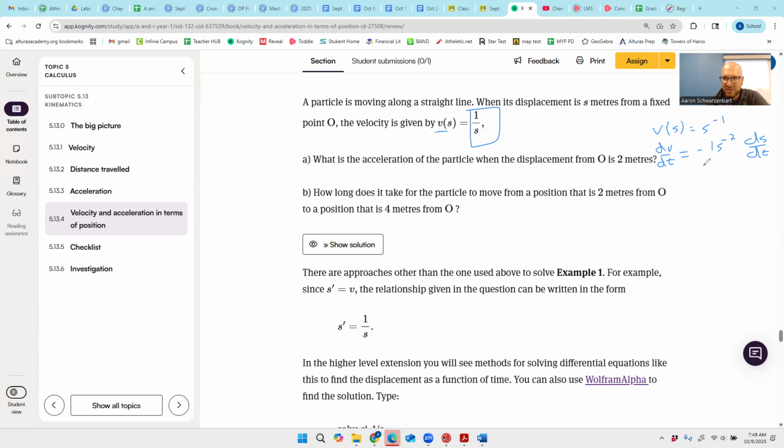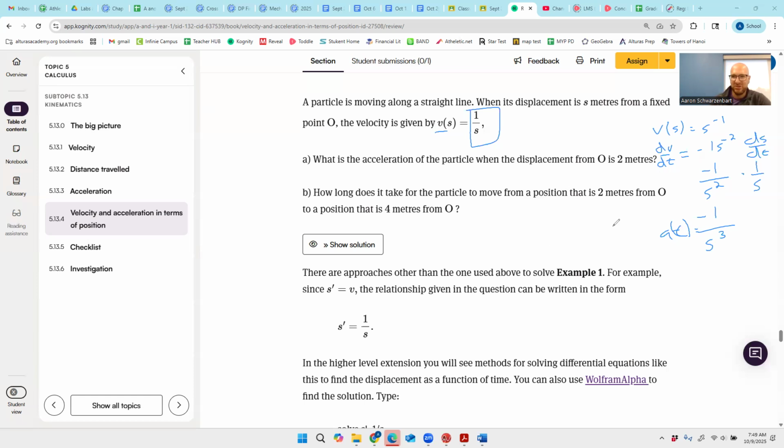Yeah, I think their explanation is bad. So this is probably the easiest. Treat it as a related rate problem anytime you need time and that's not given as the independent variable. ds dt is 1 over s, so I end up with negative 1 over s cubed. And that is actually the easiest way to do that.